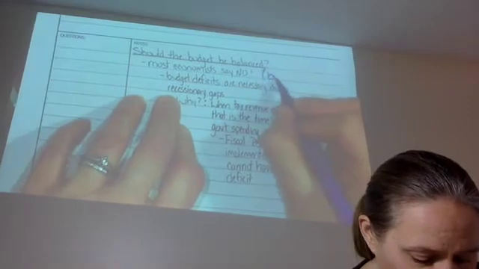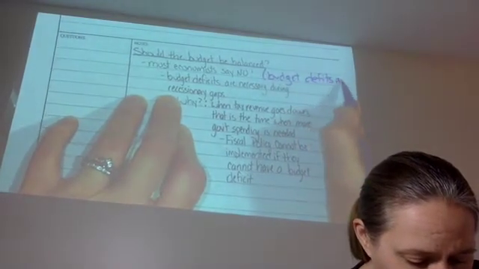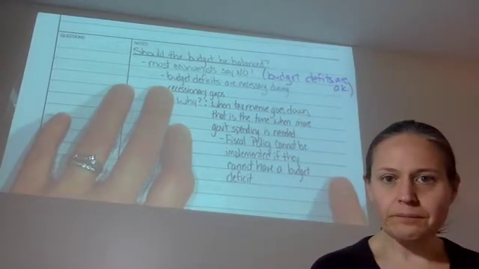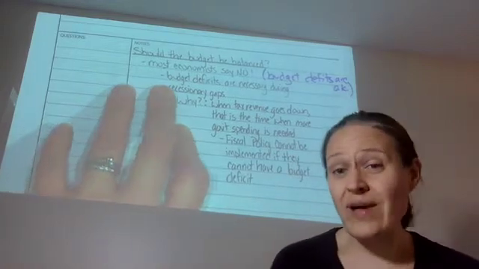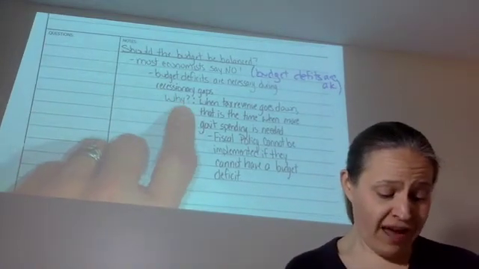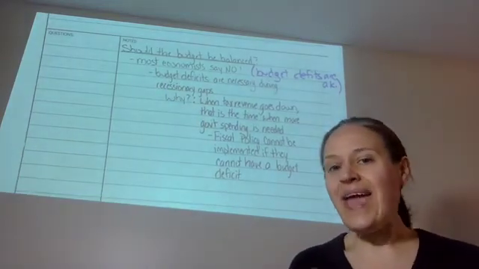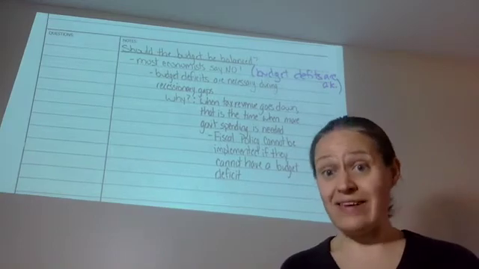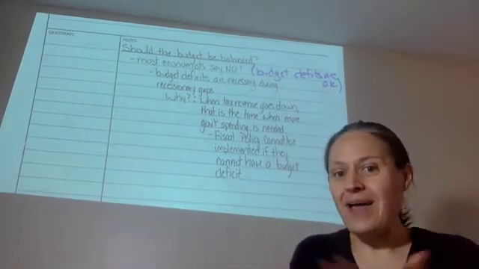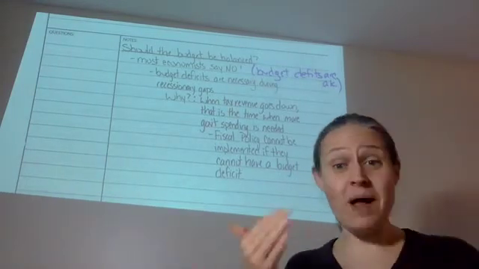So they're saying budget deficits are okay because they're necessary. They're saying, hey, when tax revenues go down, that is a time when government spending is needed, and you can't do fiscal policy, you can't try to fix the economy out of a recessionary gap without a budget deficit, because that's the nature of what fiscal policy is.